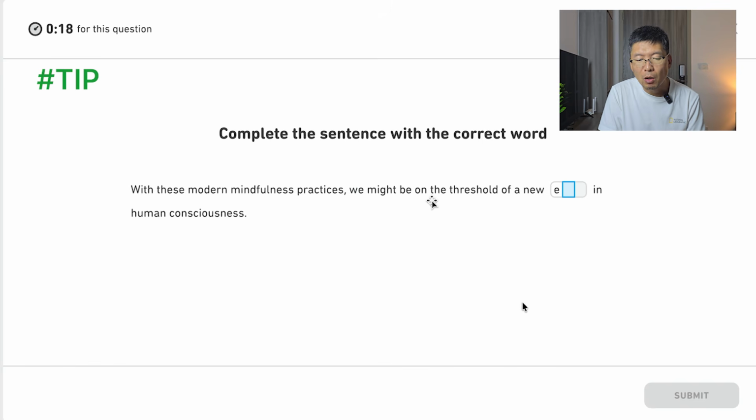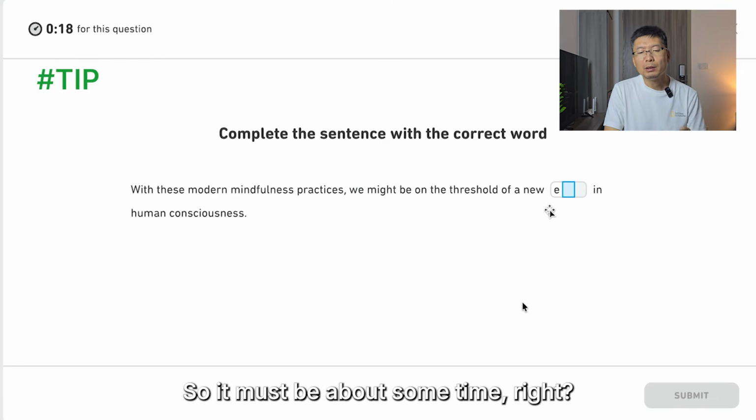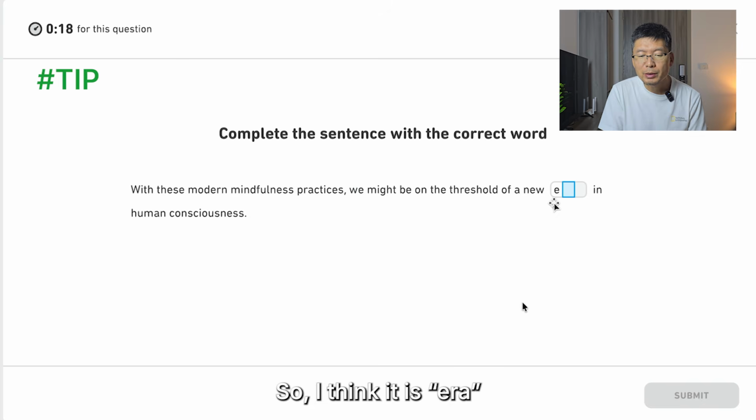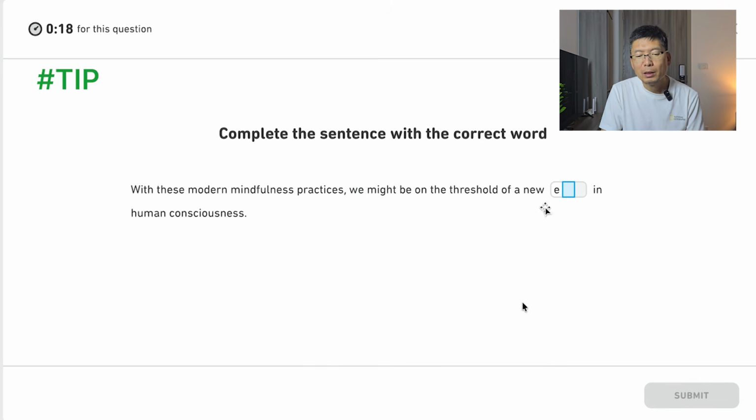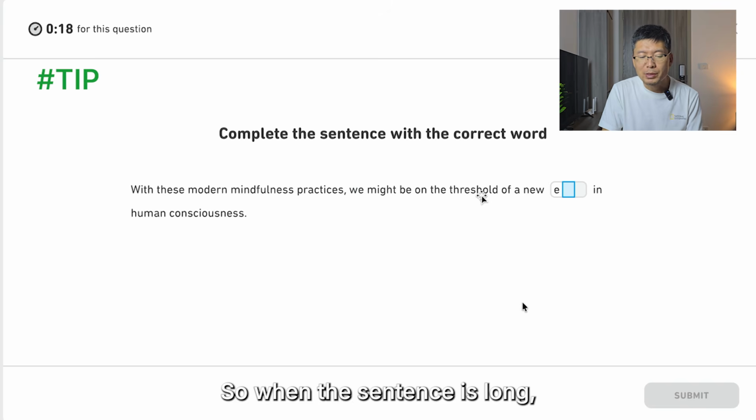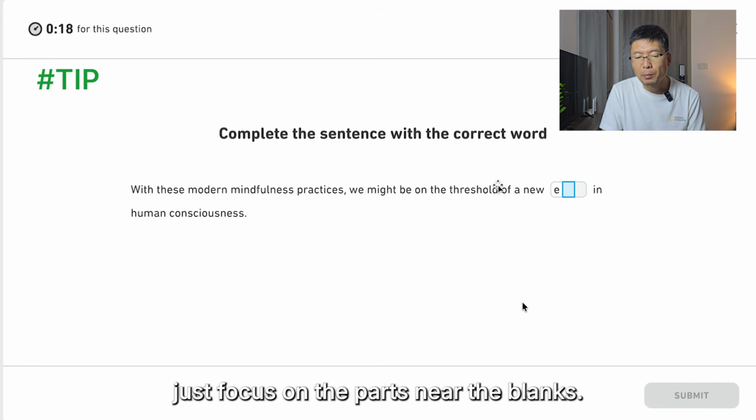We might be on the threshold of a new something. So it must be about a time, right? So I can think of the word era. Although it's long, this part is not that important, right? So when the sentence is long, just focus on the part near the blank.